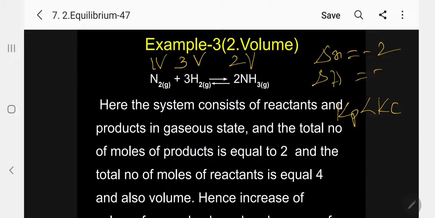Increase of volume is on the left hand side, the reactant side, and a decrease of volume is on the right hand side. Hence, the system consists of reactant and product in gaseous state, and the total number of moles of products is equal to 2, that means 2 volumes, and the total number of moles of reactant is equal to 4 volumes.